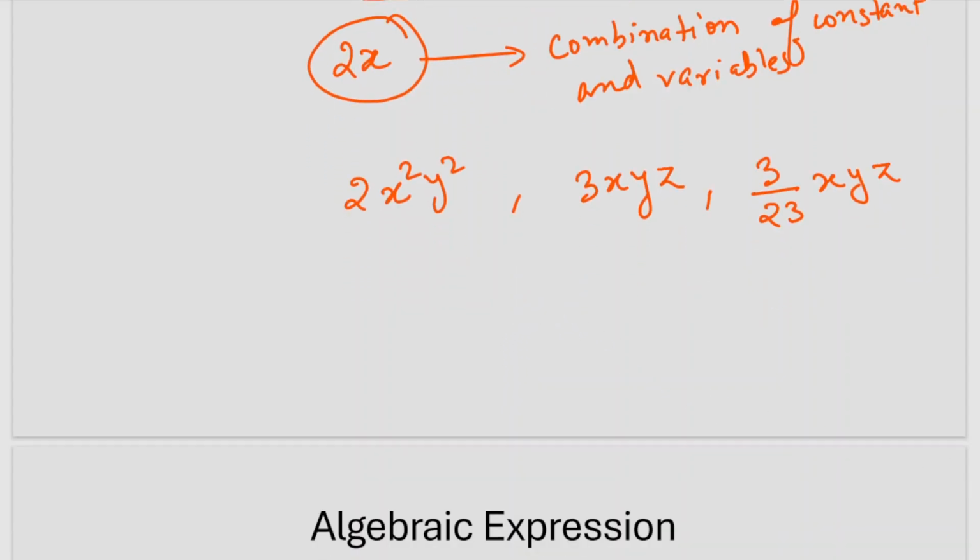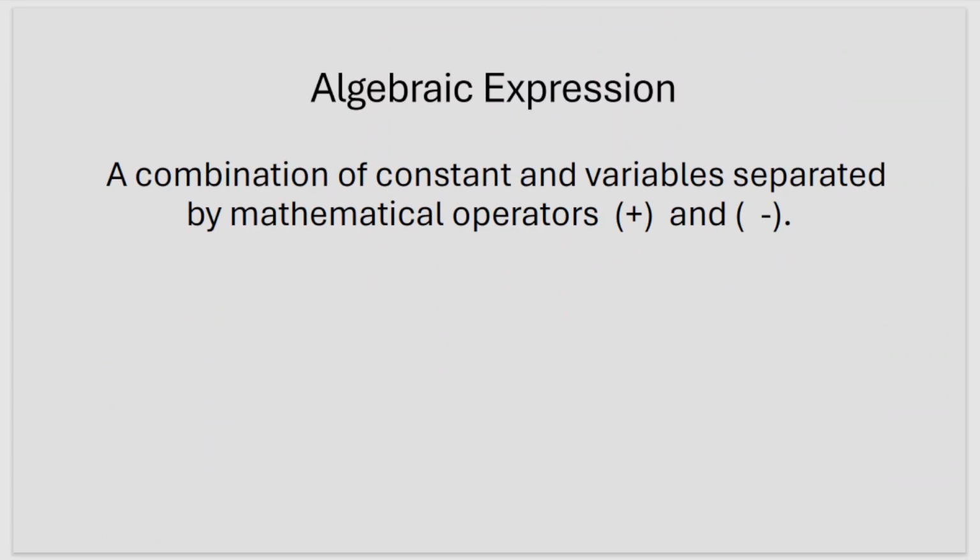Next comes the algebraic expression. So what is the meaning of algebraic expression? Algebraic expression is nothing but the combination of constant and variables separated by mathematical operators like plus and minus.